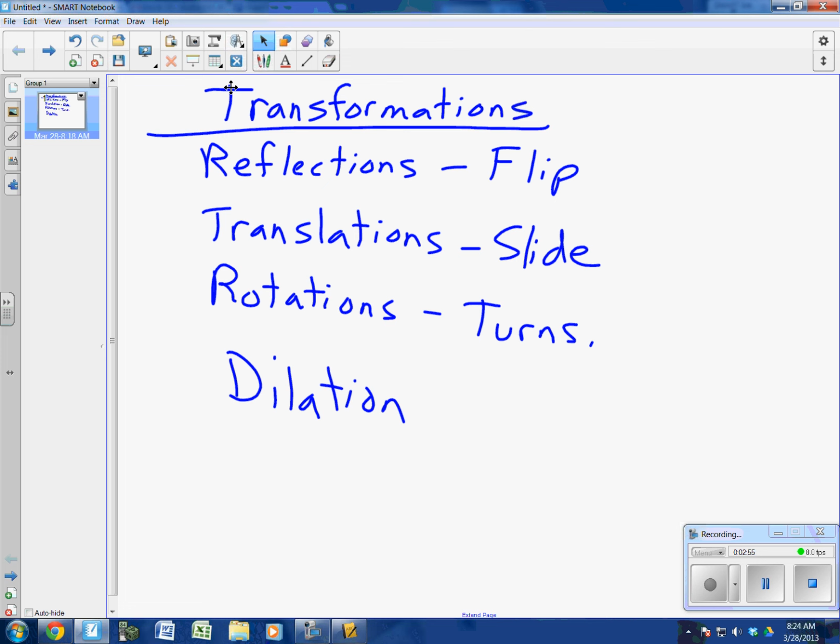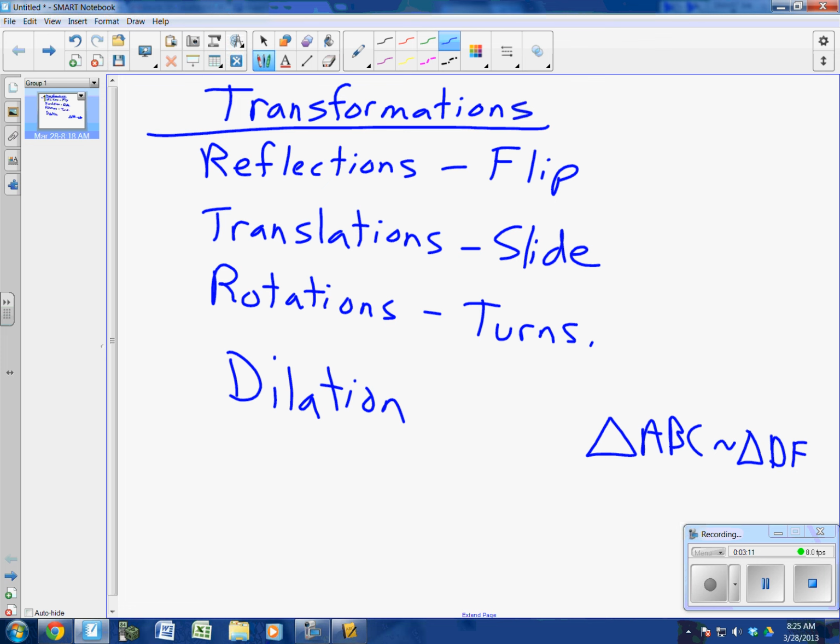Okay, last paragraph. The symbol for similar is the little squiggle. Everybody got this? If you have triangle ABC is similar to triangle DEF, you would use that symbol in between them to say it's similar.